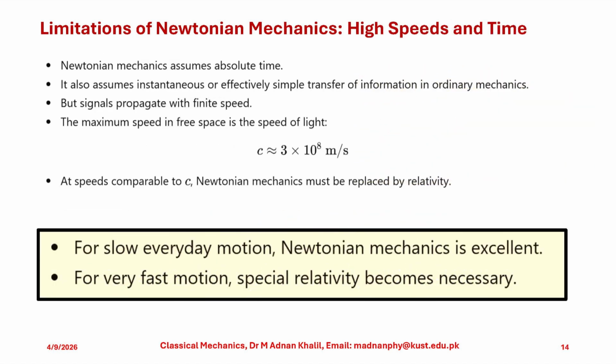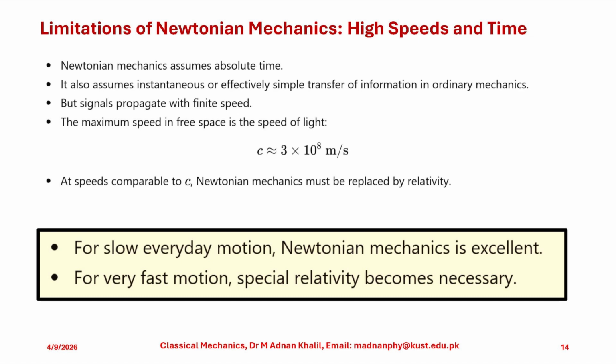Now we come to another limitation, the very high speeds. Newtonian mechanics assumes absolute time, meaning time is the same for all observers. It also works under the ordinary low speed assumptions where relativistic effects are negligible. But signals do not propagate instantly. There is a finite maximum speed in nature, the speed of light.